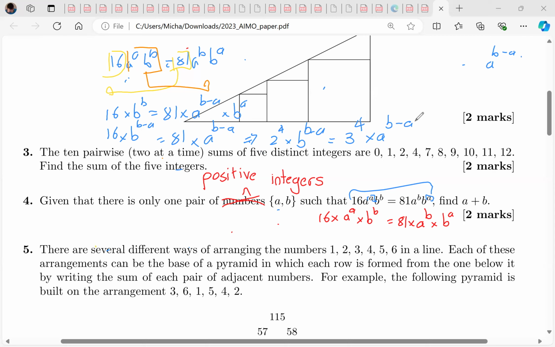Wait, Ernest, what would you do here? Cancel it, like the B minus A. Not really.